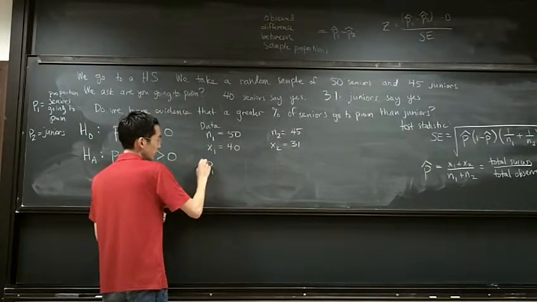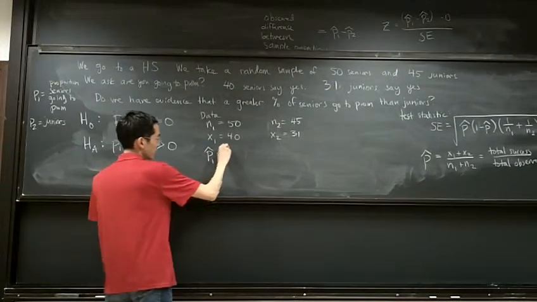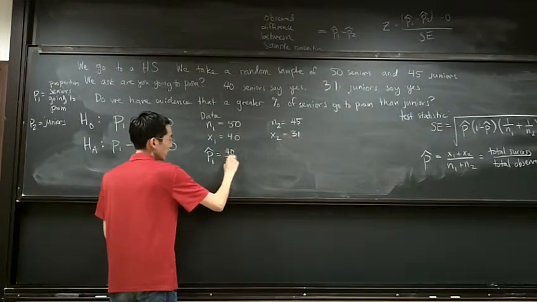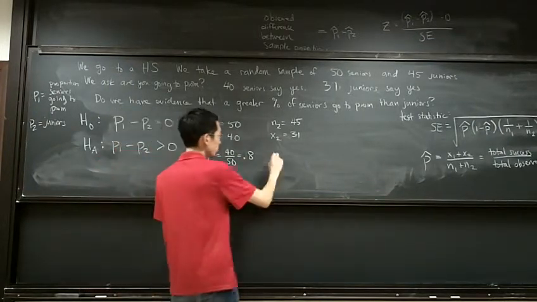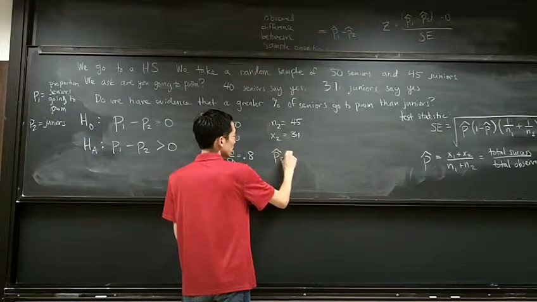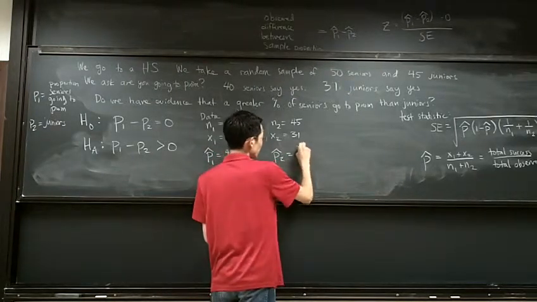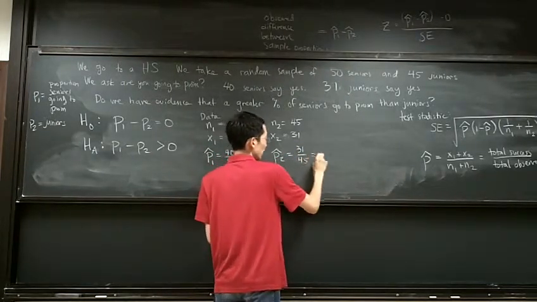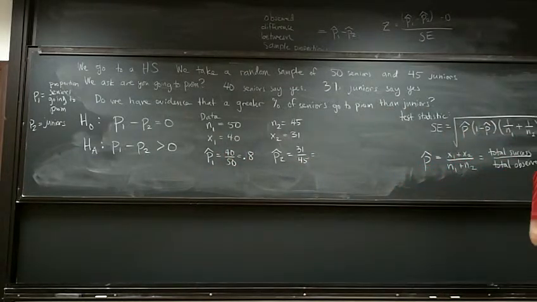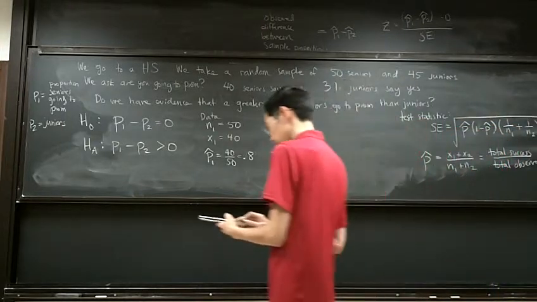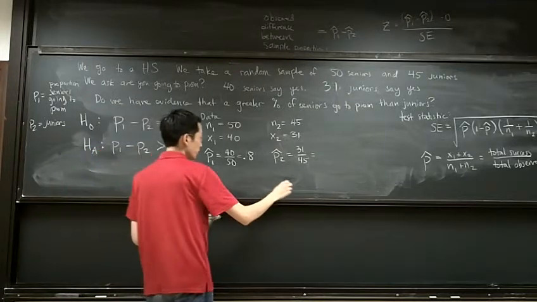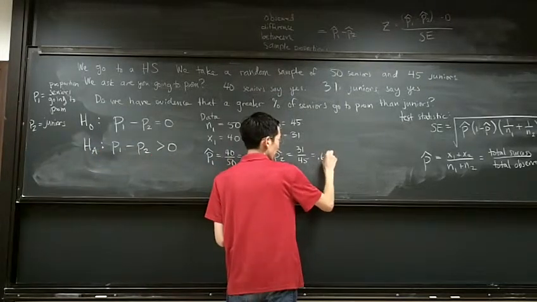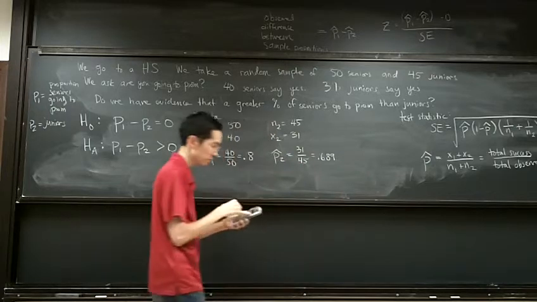So what is my P1 hat? 40 over 50, I have 0.8. What is my P2 hat? 31 over 45. I need a calculator for this. 0.689. Okay?